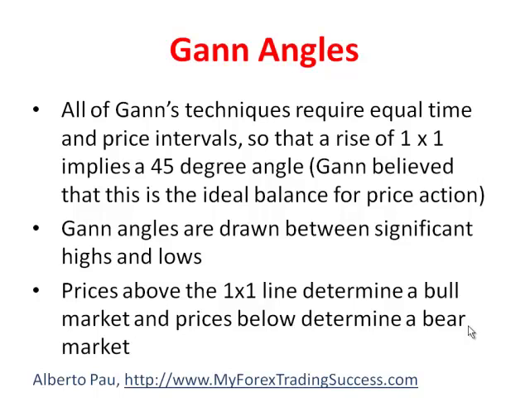All in all, Gann believed that when price and time move in sync, then that's the ideal balance for the market. Again, it may sound a bit abstract and theoretical at the moment. It will make a lot more sense when we go through charts. So we have special Gann angles, and more specifically, Gann came up with 9 different angles.